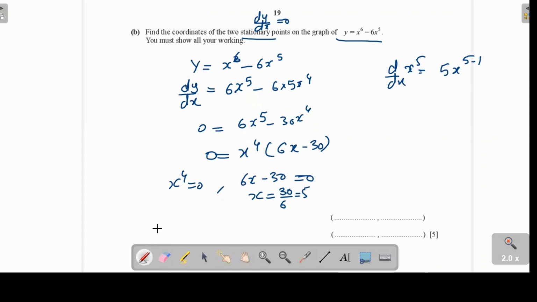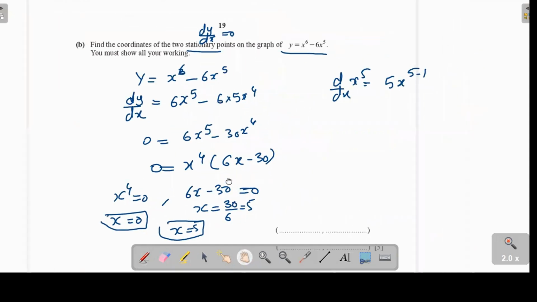Now x equal to 0 and x equal to 5. At these points the function has stationary points. Now we find the value of y.